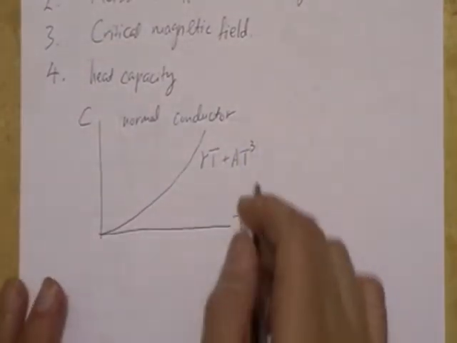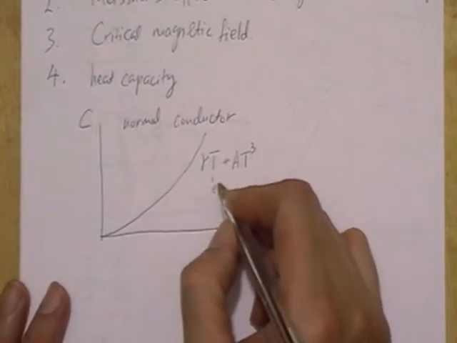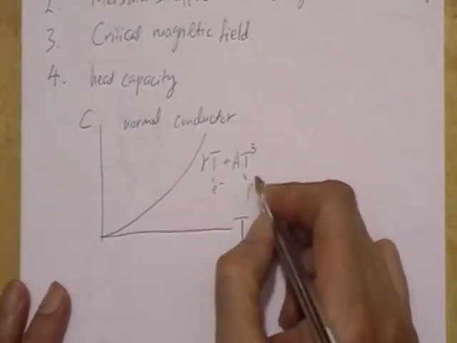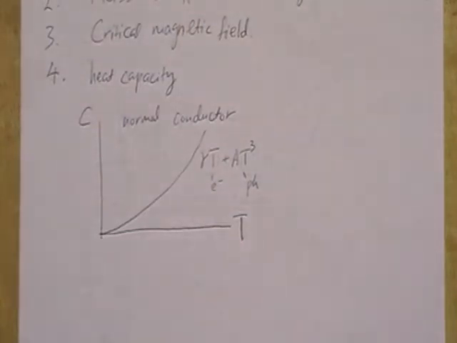So we've learned earlier that this term comes from the electrons, that term comes from phonons. There are these two contributions that we have learned. That's a normal conductor.